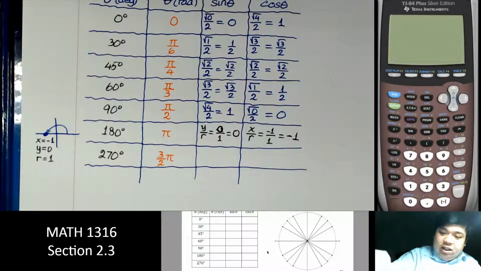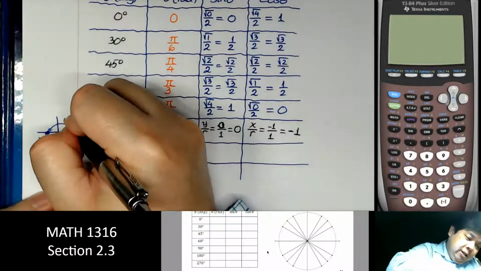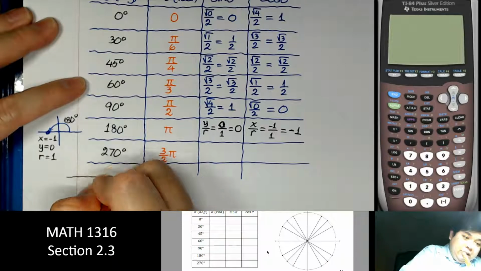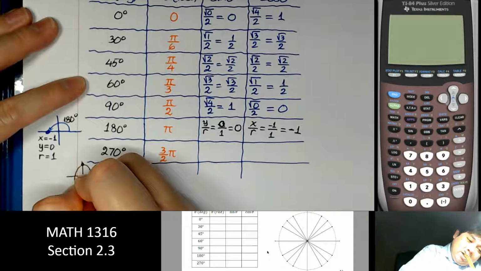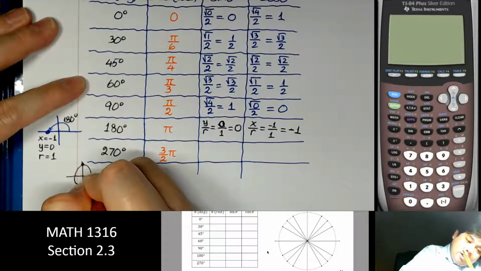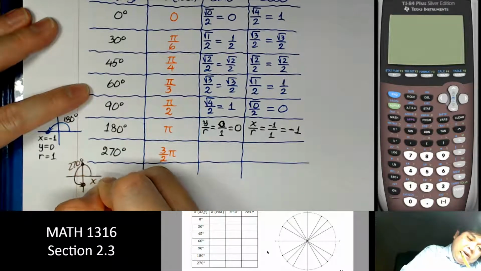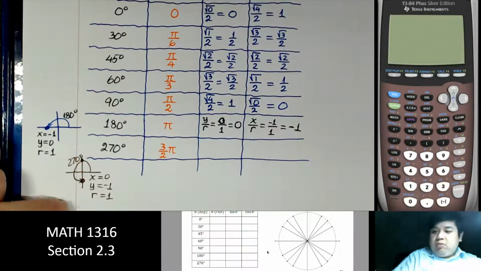And 270, this is 180, 270 is going like this. X is 0, y is -1, and then r is 1. We can choose any numbers.